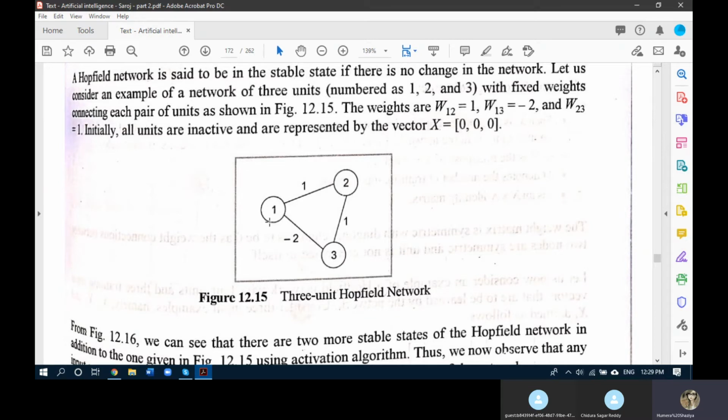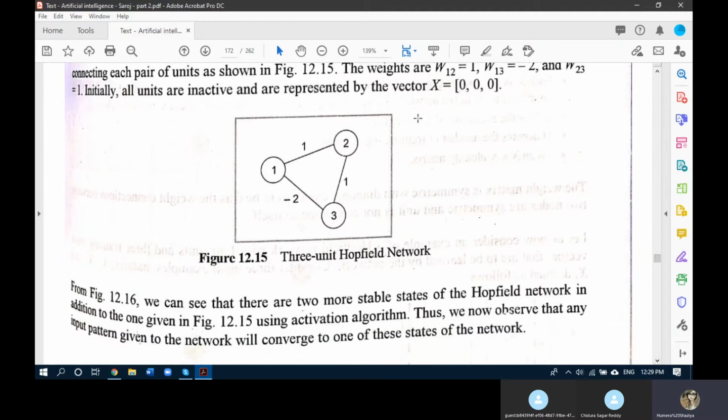to act, to trigger the activation, or the second node can be chosen, or the third node can be chosen, and then the process repeats until the state of this network does not change.